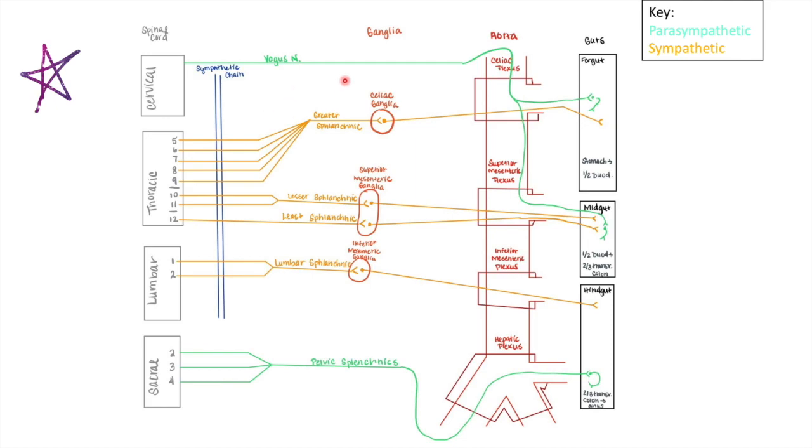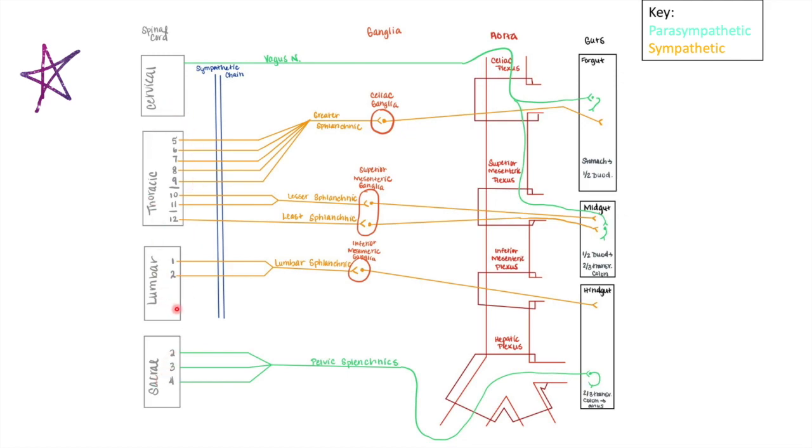And then the other parasympathetic nerve is the pelvic splanchnics. And so we said that the parasympathetics were in the cervical spine and the sacral. And from the sacral, the pelvic splanchnics come S2, S3, and S4. And so that's important to remember those levels. We said that the sympathetic nervous system comes from T1 to L2.